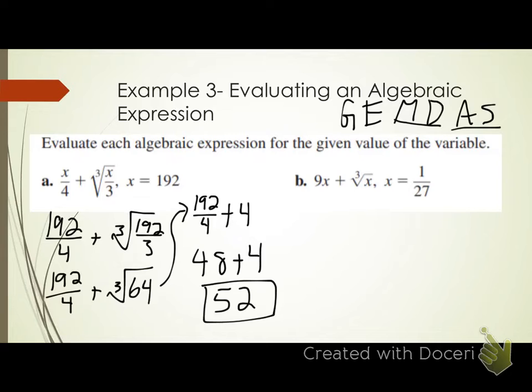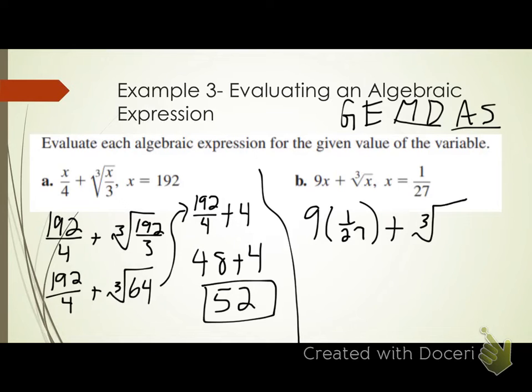All right. Let's move to letter B. More fractions. Love these fractions. Well, how do I need to start letter B? Fill in for x. What am I replacing all my x's with? 1/27. So I get 9 times 1/27 plus the cube root of 1 over 27.